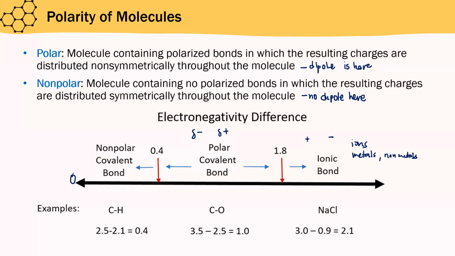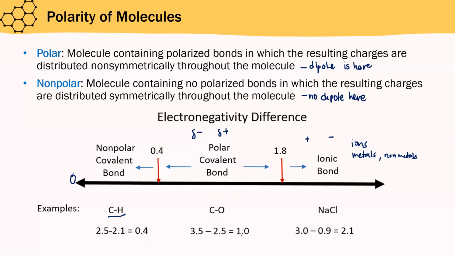Take for instance, let's say we have carbon and hydrogen connected to each other. If we look at the periodic table, their electronegativities are 2.5 minus 2.1. You have a 0.4 difference, so it's nonpolar. For a carbon and oxygen bond, the electronegativity of oxygen is 3.5 and carbon is 2.5, so it's always the bigger number minus the smaller number.